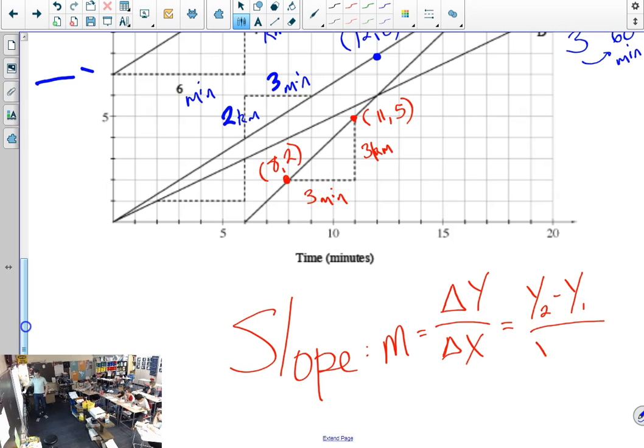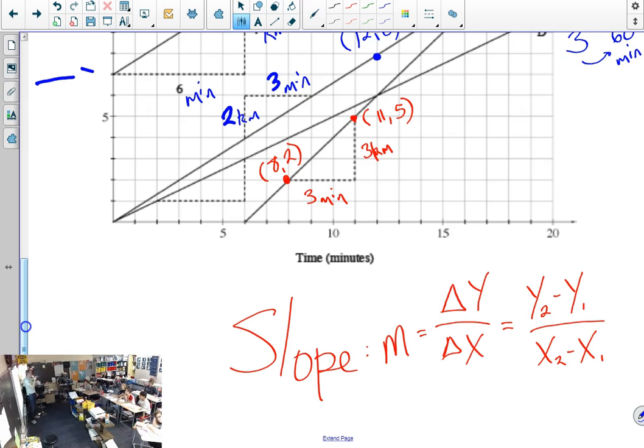I know you guys have already done this in science. Y base 2 means the second Y value that you have. This is your secondary point, and this is your first point. So 11 minus 8 and 5 minus 2. That's how we get the 3 and the 3.